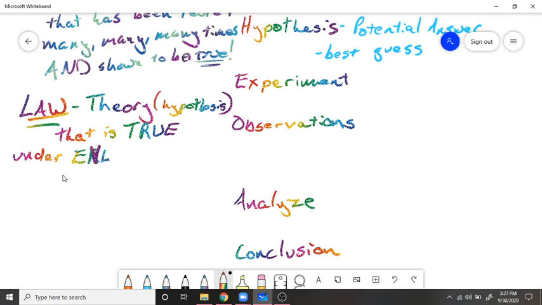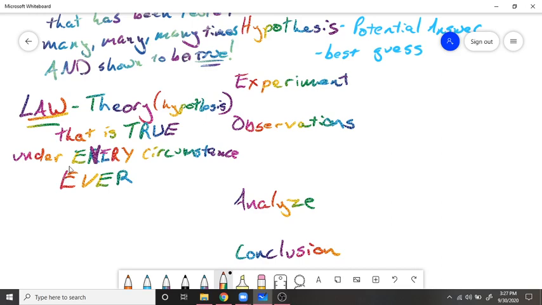Can't spell today. E-V-E-R-Y. Under every circumstance. Ever. It is a theory that has been proven to be true over and over and over again. The laws that we know about, the laws of planetary motion. Newton's laws of motion. Gravity is a law, not a theory.